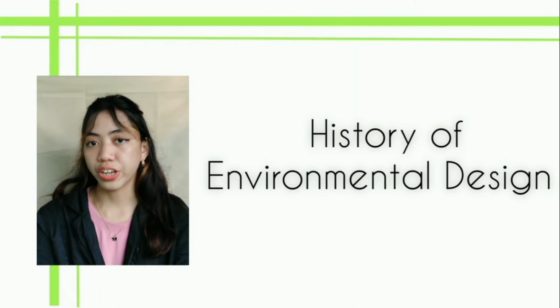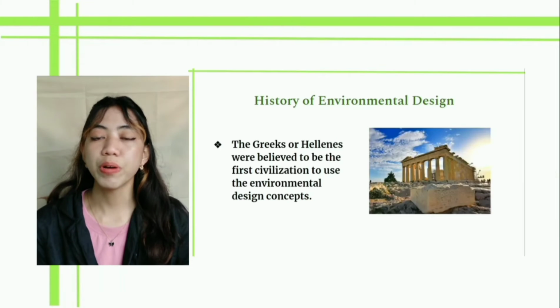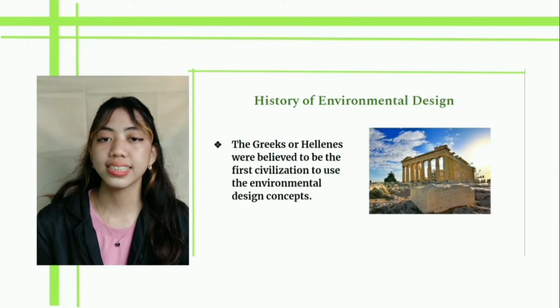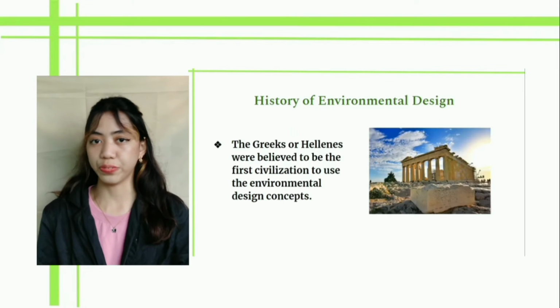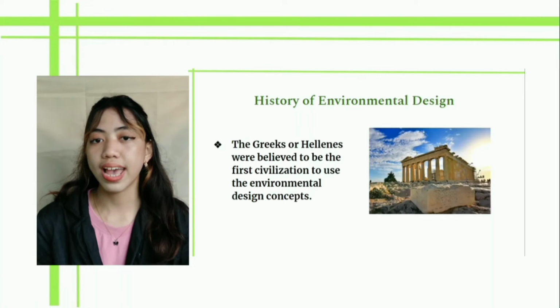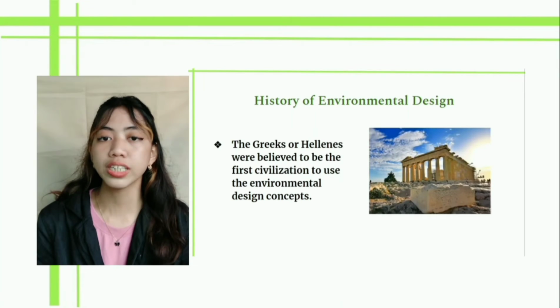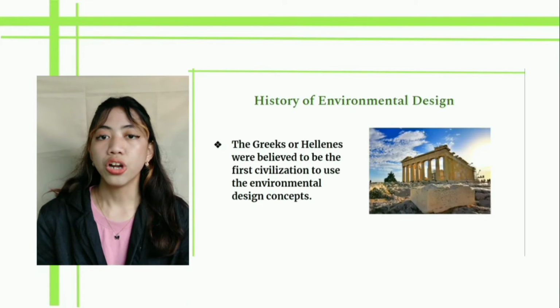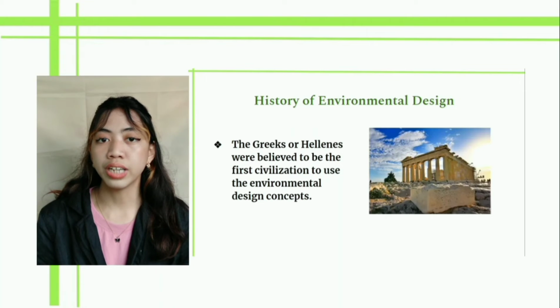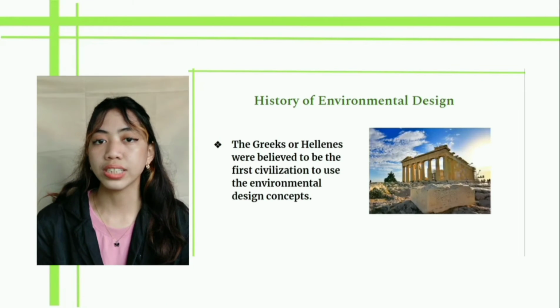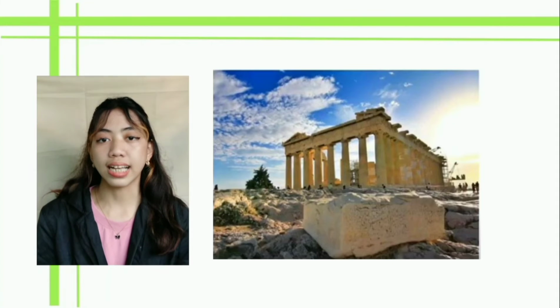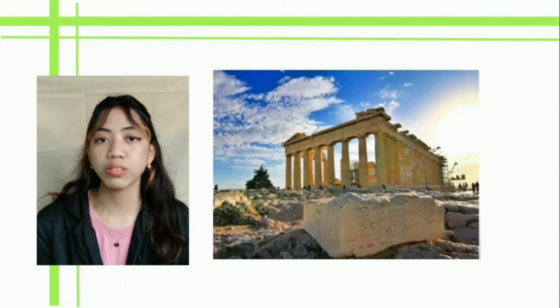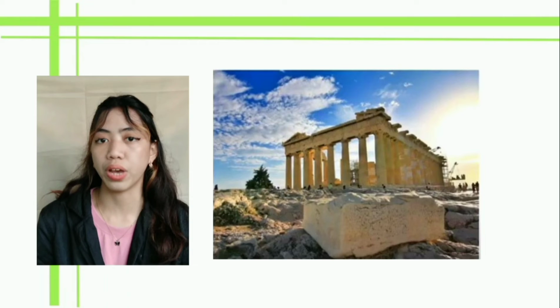So, what is the history of environmental design? Some of the concepts used in environmental design can be tracked back to the early civilizations. The Greeks, or Hellenes, were believed to be the first civilization to use environmental design concepts. Earlier architecture could harness solar energy. Greek houses were built to face the sun. This trapped the sun's heat during the winter so the houses stayed warm even in the coldest weather.